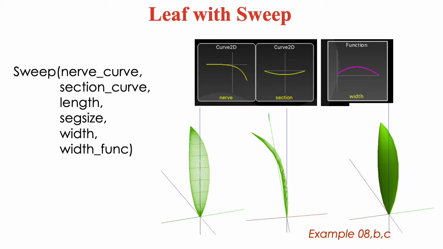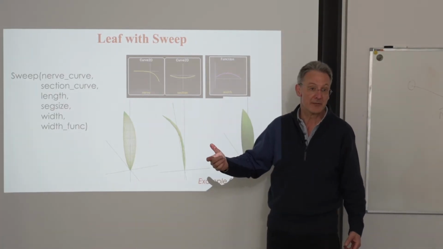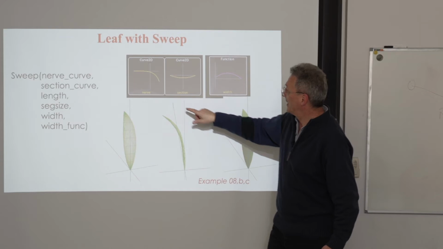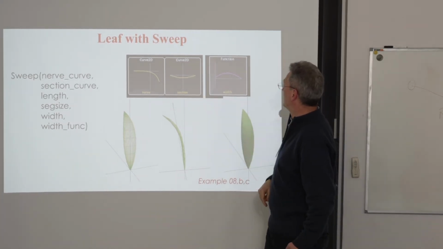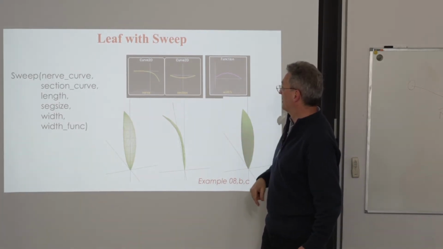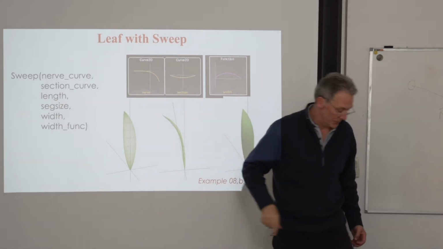So we use the sweep, as you have seen before, to draw a number of types of organs, and in particular the leaves, because you can change the width. Maybe you could try, for instance, to make an oak leaf just by putting a width that would be different.